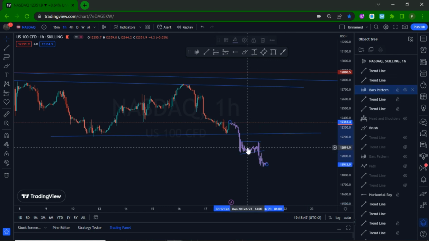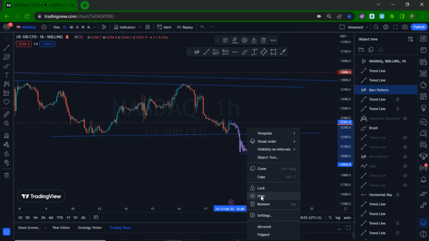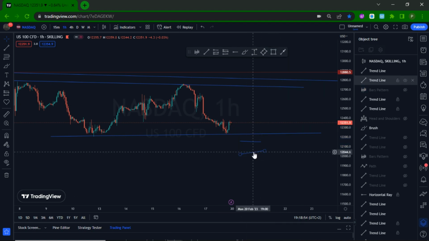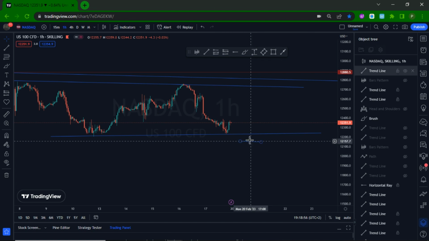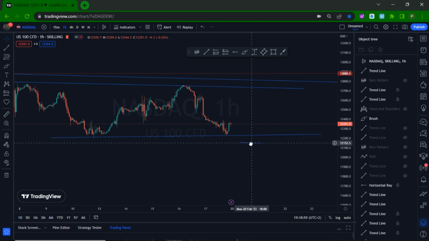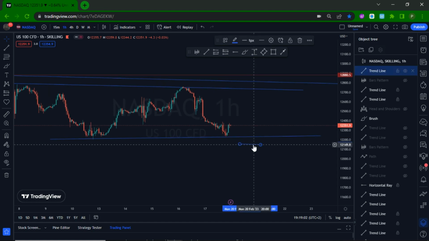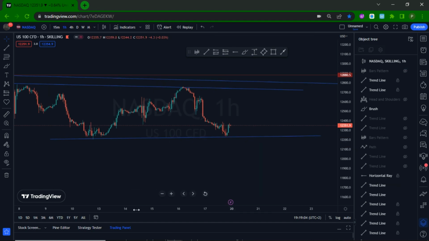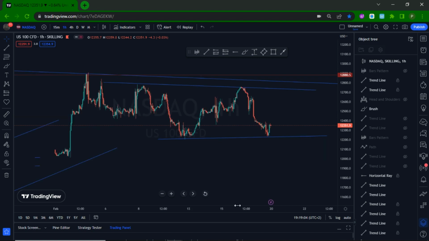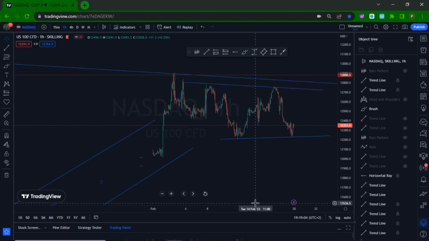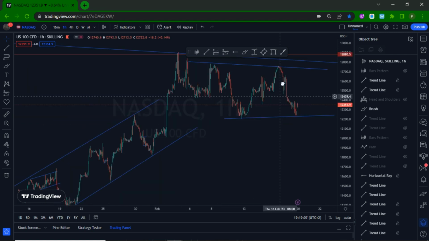Let me hide this once again. Let me delete this. For this case, another scenario would be maybe price playing out in this manner.